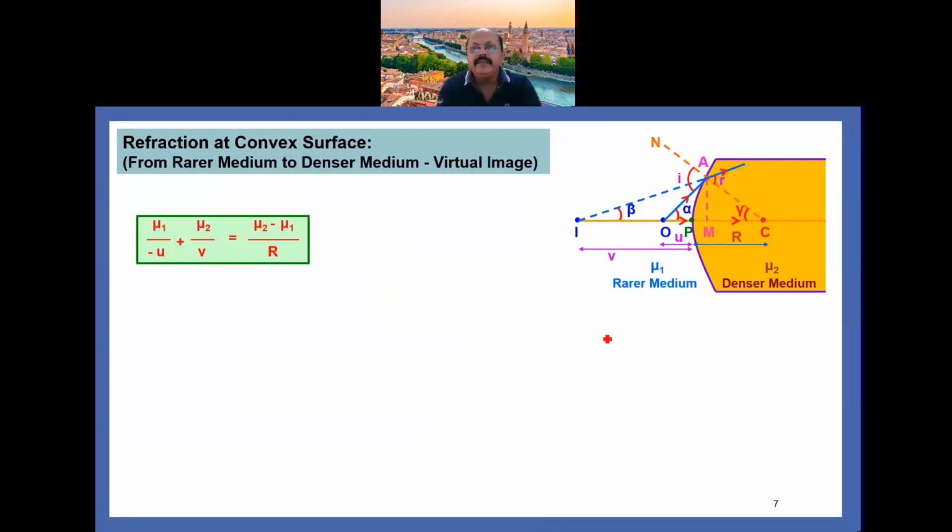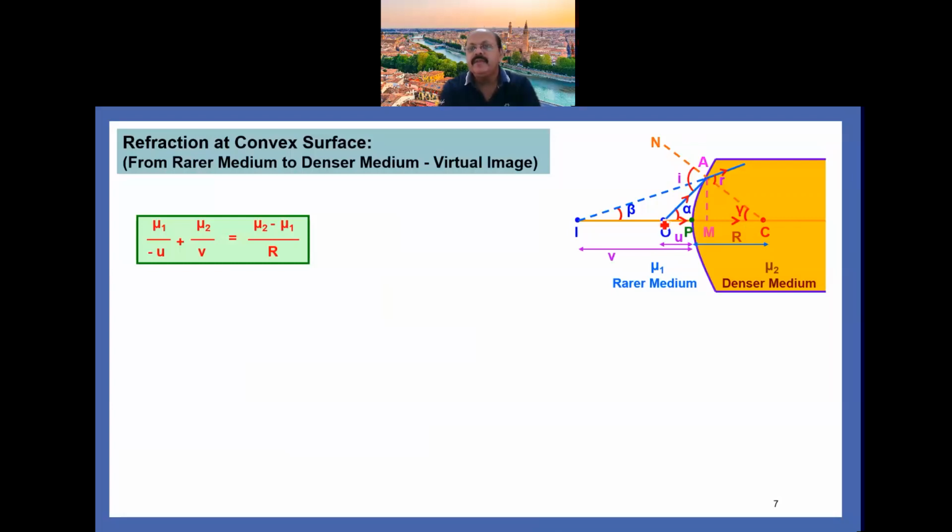The object which we place now here, near to the pole. You can see here, this is the object. So first ray that incident normally along PO on convex surface and passes straight.